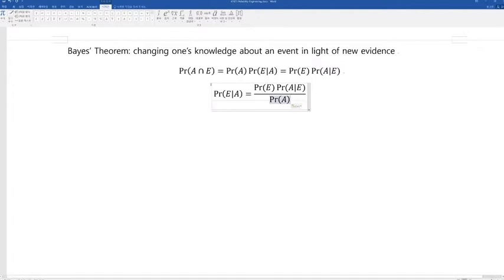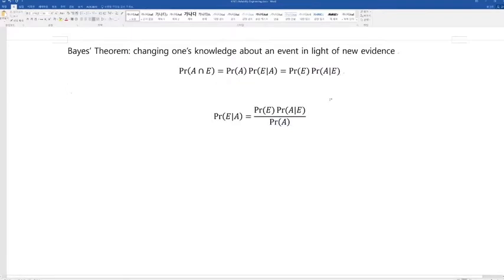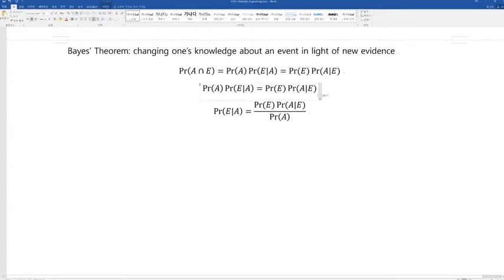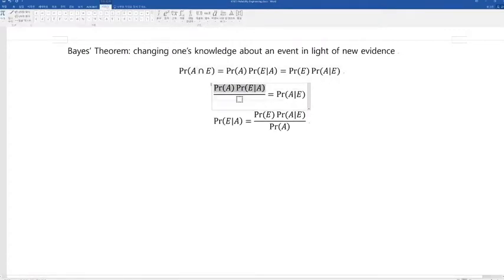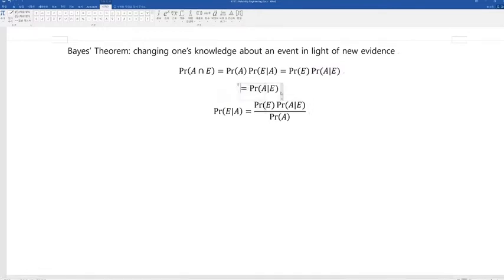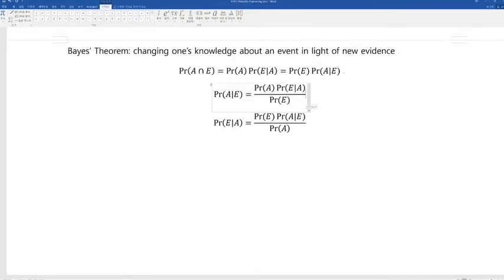Of course, if we want to be consistent with our textbook, we want to calculate the probability of A. So we are going to divide, move this term to the right hand side, and place it here.